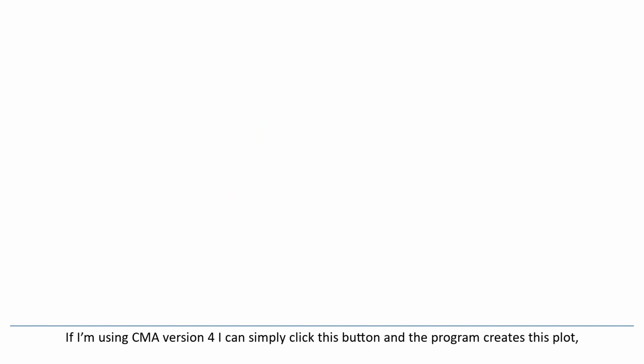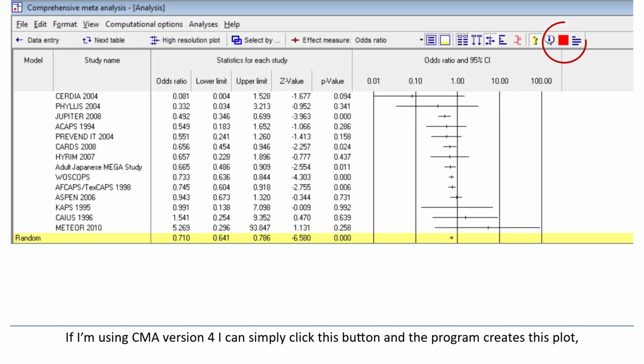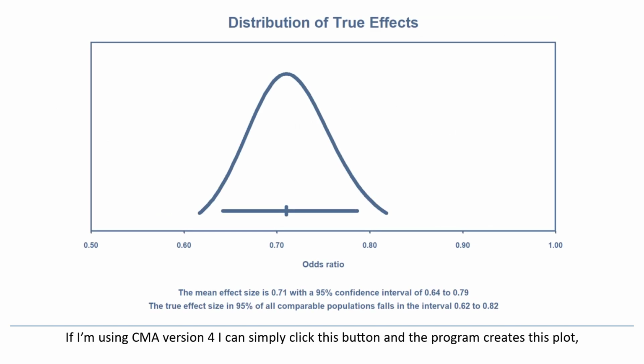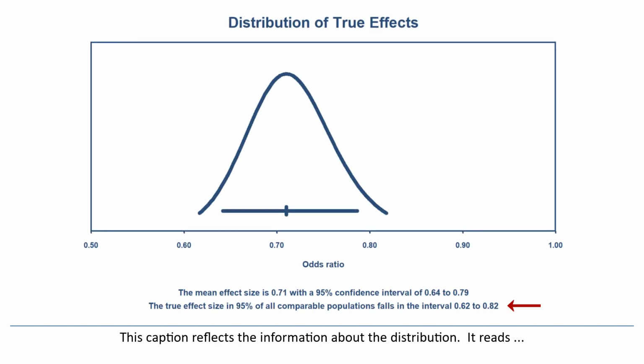If I'm using CMA version 4, I can simply click this button and the program creates this plot. This caption reflects the information about the distribution. It reads, the true effect size in 95% of all comparable populations falls in the interval 0.62 to 0.82.